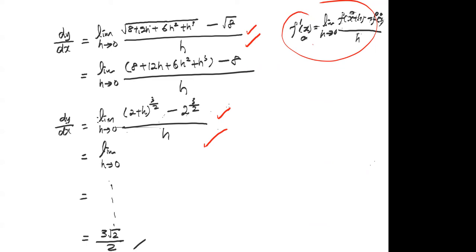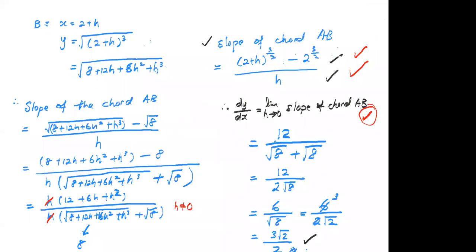Then you gain all your 5 marks. I didn't say you have to write limit all the way through for my method, because my method, right from the very beginning, I say this is a slope of the chord. I'm just finding the average rate of change. Then only I come to the limit.